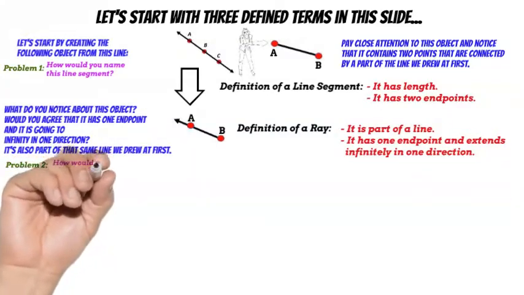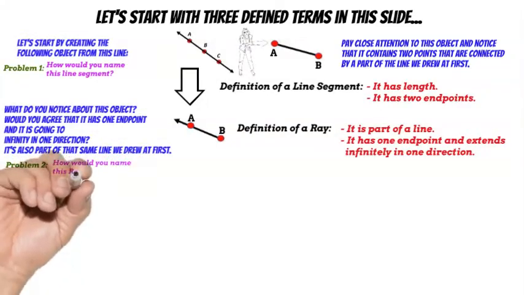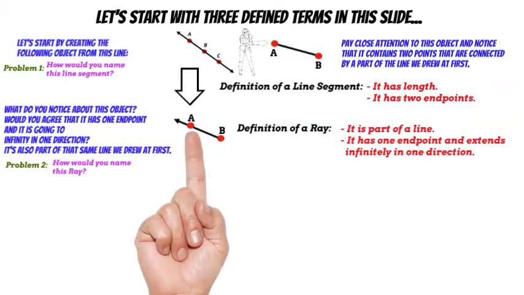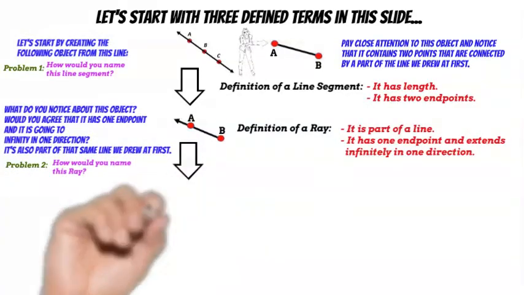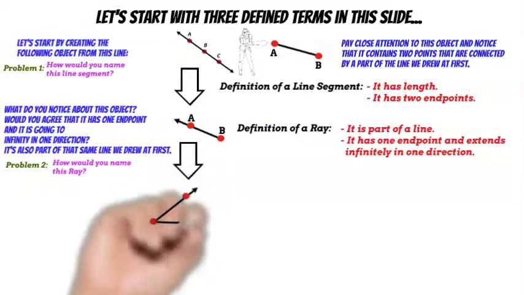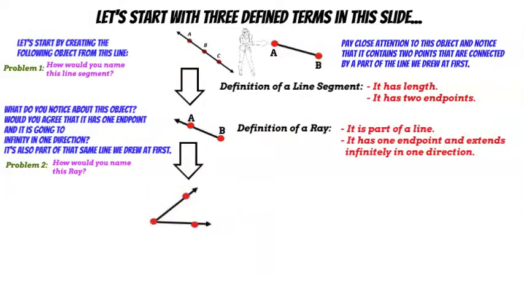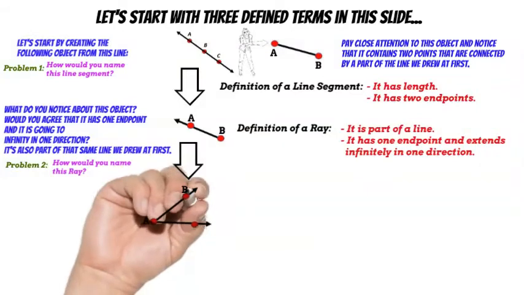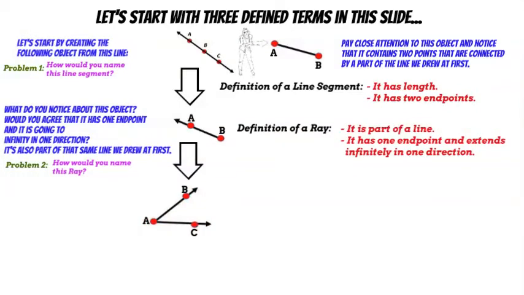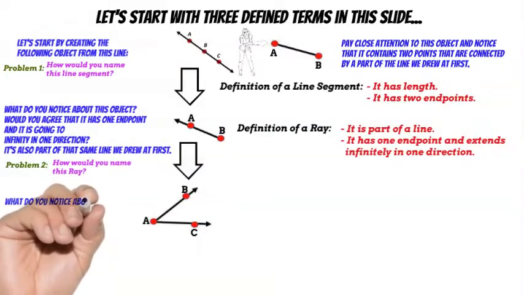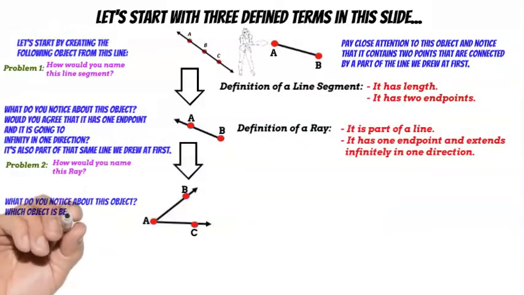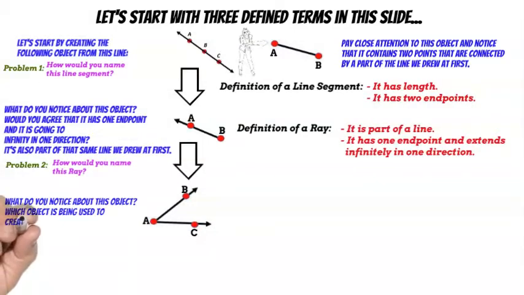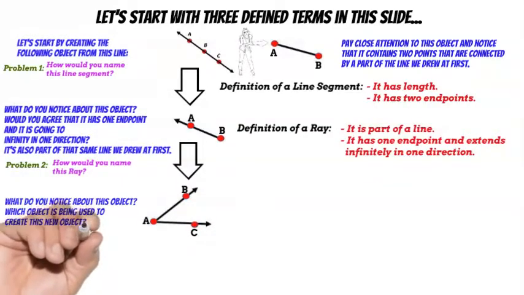Let's continue on to the next defined term. Now pay close attention to this new object and think about how it was created or constructed. Do you see 2 rays with a common endpoint? This new object you see here is called an angle.